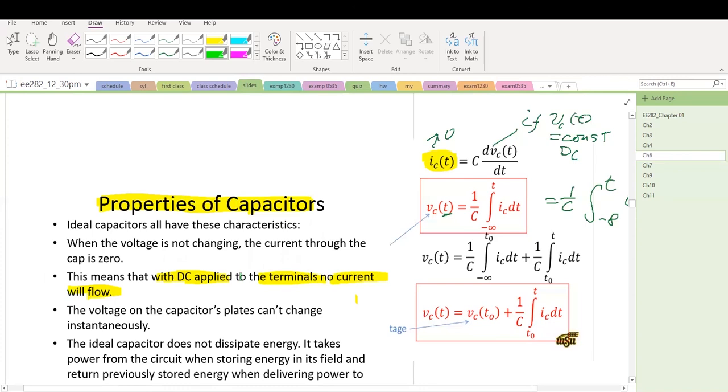There's no current through the capacitor. In this case, the capacitor is treated as an open circuit. The other property is that the voltage across the capacitor cannot change abruptly. This can be understood because the voltage across the capacitor is the integral of the current, and an integral mathematically smooths the curve out, so there is no abrupt change for the voltage across the capacitor. These are two important properties of capacitors.